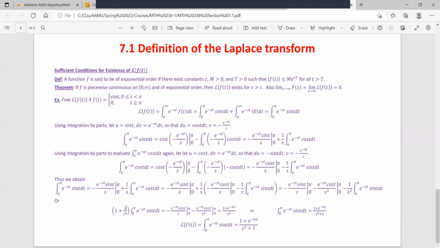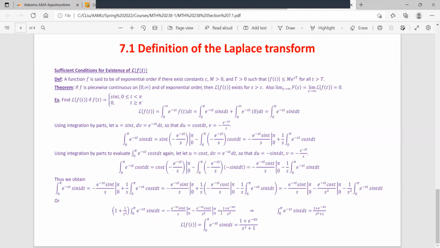The negative moves to the other side and becomes positive. And then on the right side, you are left with negative e to the negative st sine t over s minus e to the negative st cosine t over s squared, both evaluated at pi and 0 and subtracted.